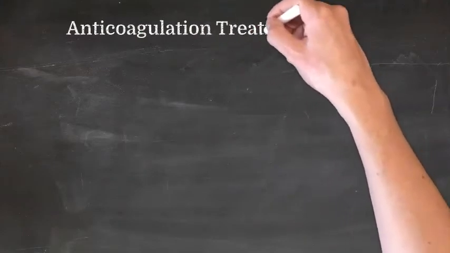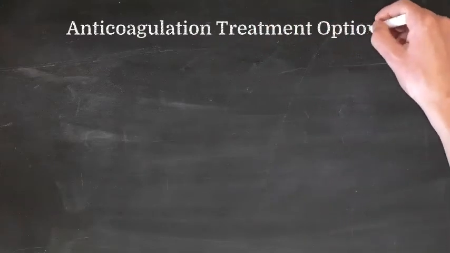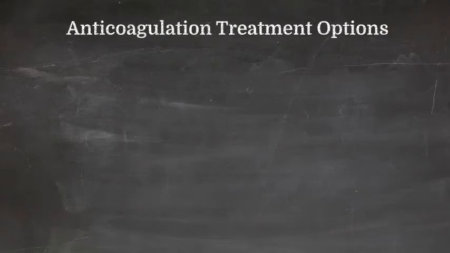Now I'm going to be talking about anticoagulation treatment options for hemodynamically stable patients. These are patients who were hemodynamically stable to begin with, or the ones that were hemodynamically unstable but got resuscitation and maybe even got TPA but are now stable.